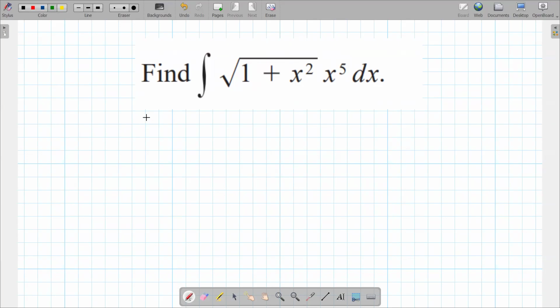And here's the approach for this one. Usually, not always, 90% of the time, the complicated looking thing is going to be your u, most of the time. What would be du?